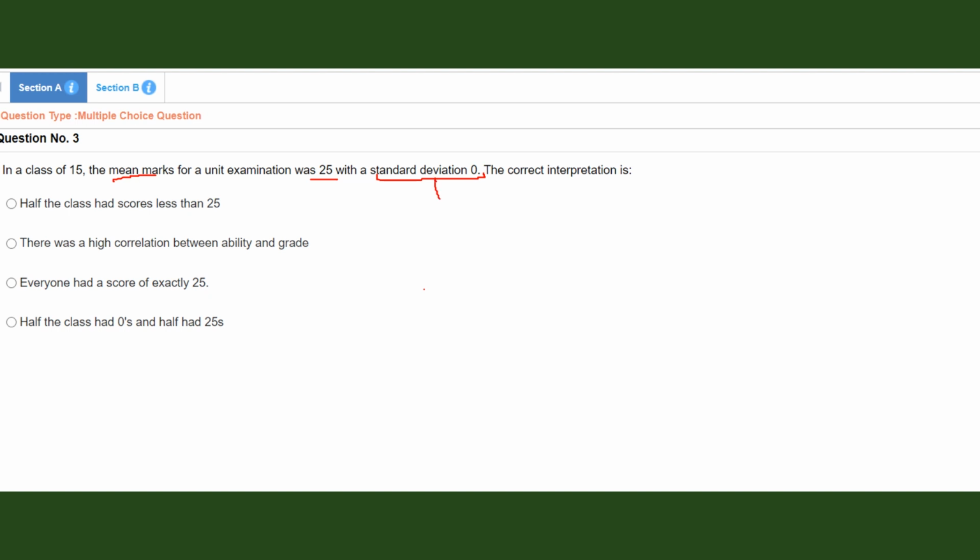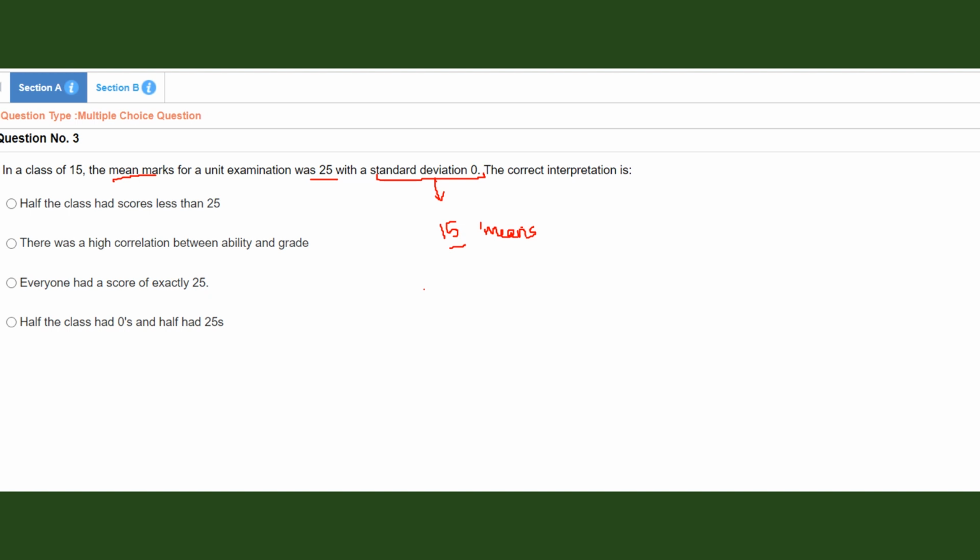Now what we really mean by standard deviation is how much the marks of each of those 15 people deviate from the mean.